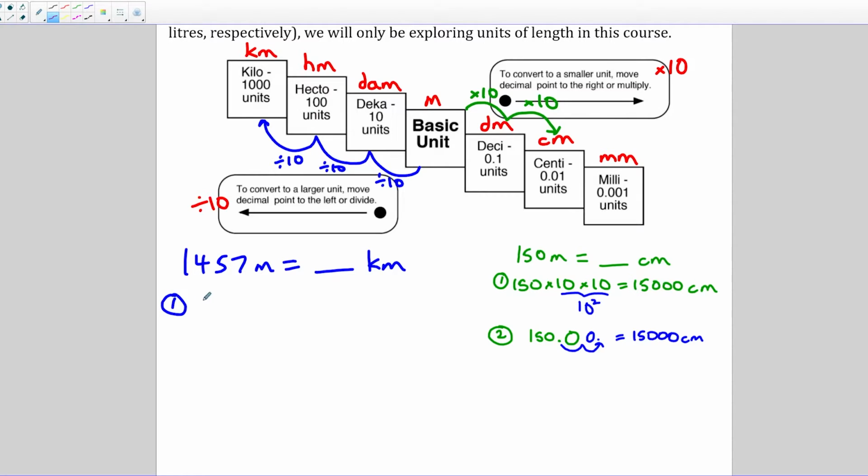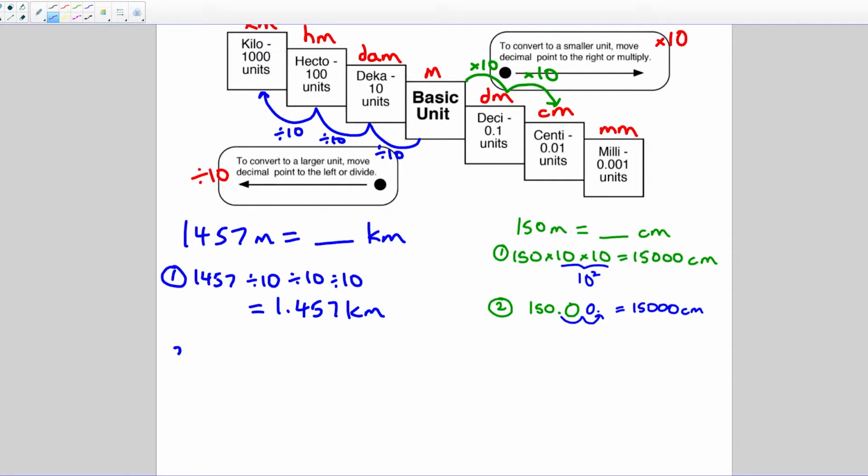So we can visualize this as 1457 divided by 10, divided by 10, and divided by 10 one more time, leaving us with 1.457 kilometers.